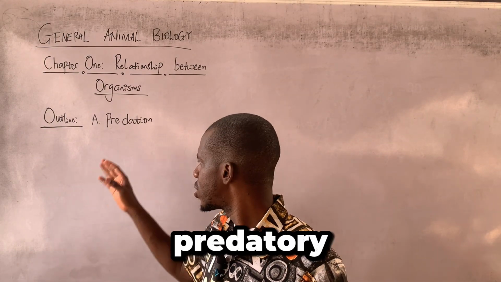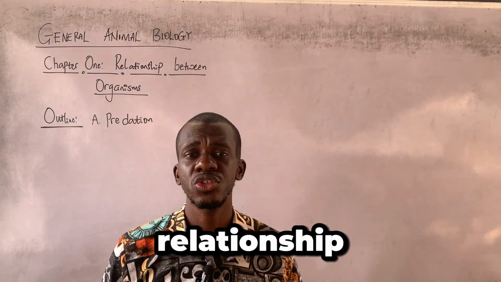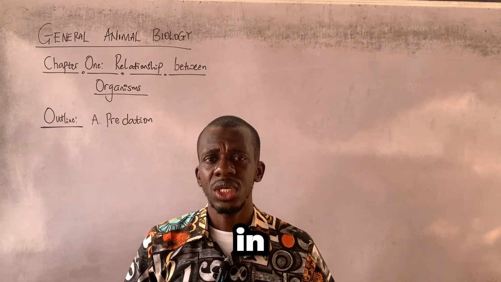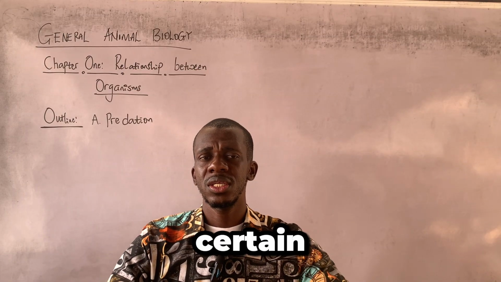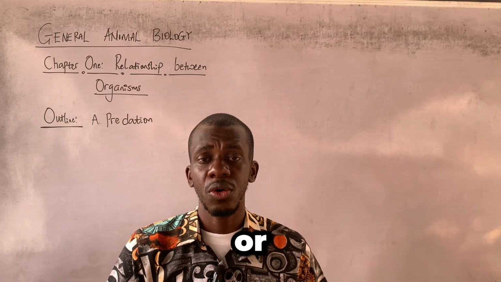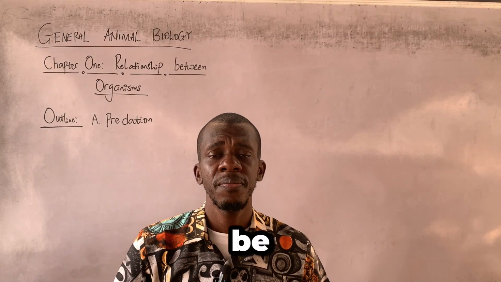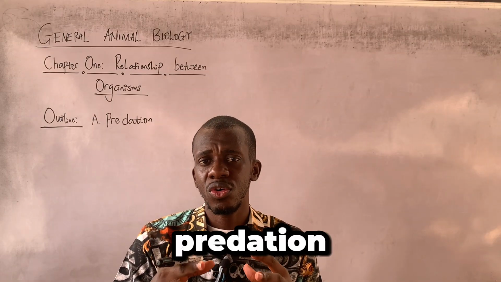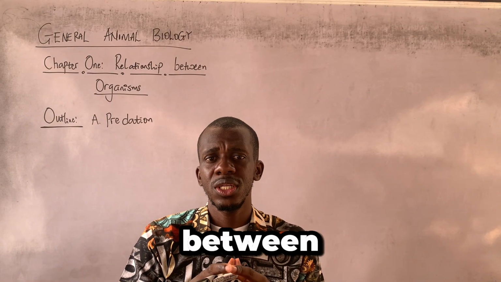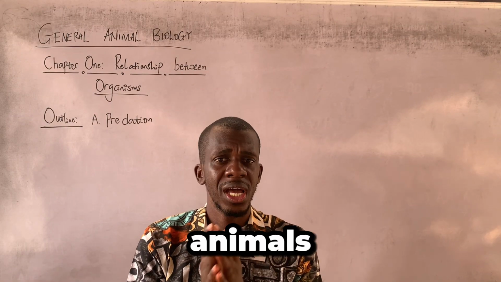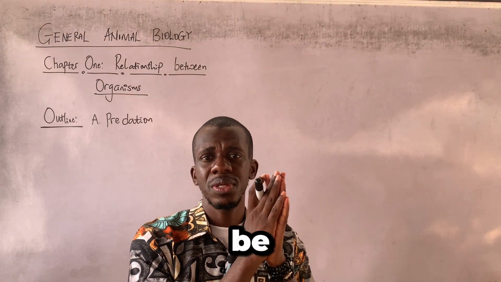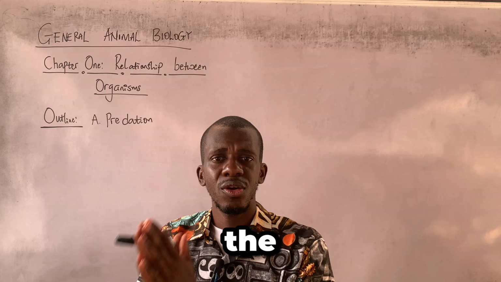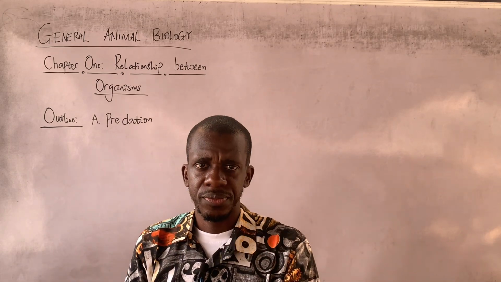So in a relationship we call predation, in an environment, or in a certain habitat or community, as the case may be, predation occurs between two kinds of animals. One is said to be the predator, and the other is said to be the prey.